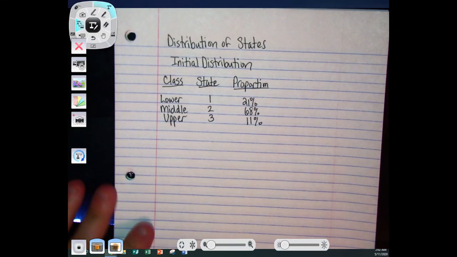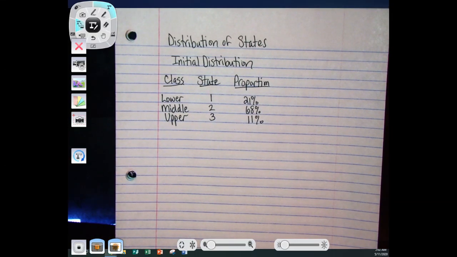Right, so in the third part of this video on introduction to Markov chains, we're going to be looking at a distribution of states. In our previous example, we talked about probabilities of transitioning from one class to the other, depending on if you were lower class, middle class, or upper class.